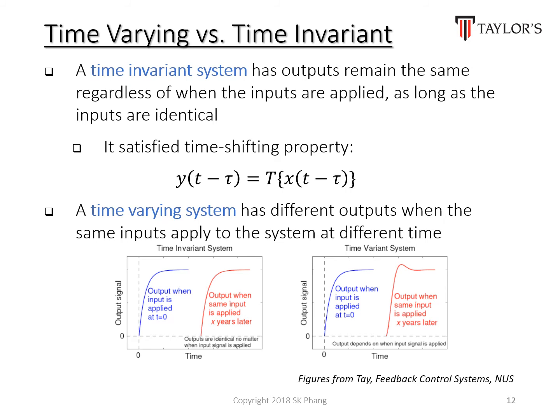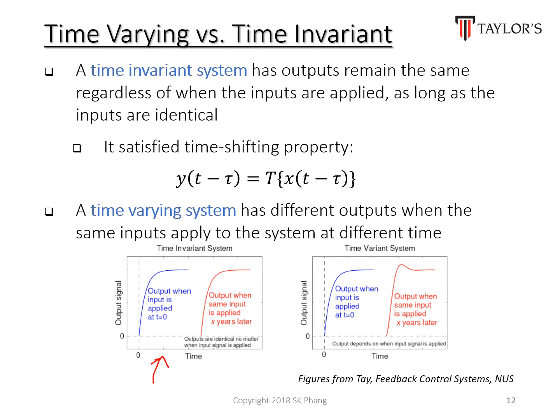Alright, next is the time invariant system against the time varying system. So what is a time invariant system? A time invariant system is a system that has the output to be the same when you apply the same input, no matter when you apply it. So it will be the example on the left graph here.